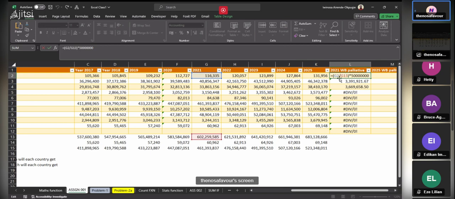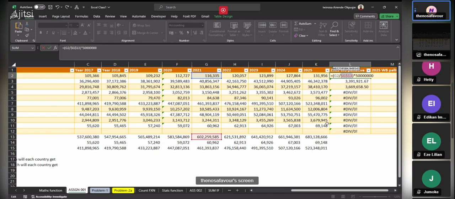On your keyboard you have the function keys, F1, F2, F3, F4 to F12. Just tap on F4. When you tap on F4, you would notice that dollar signs have been included in front of G as a column and in front of 13 as a row.